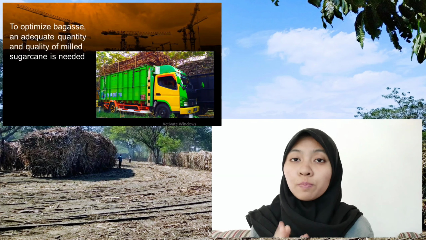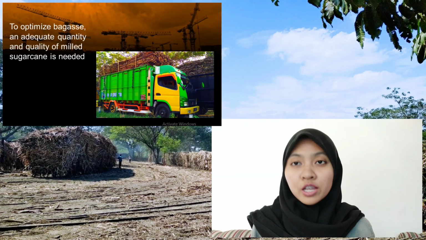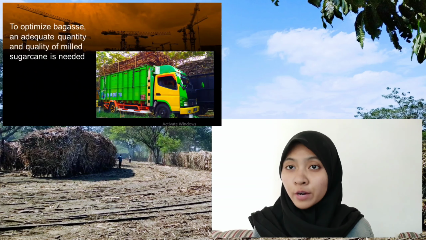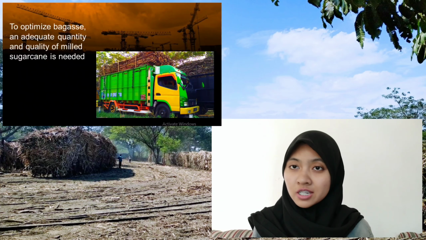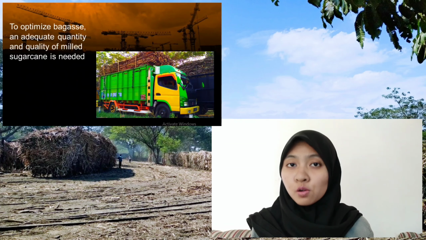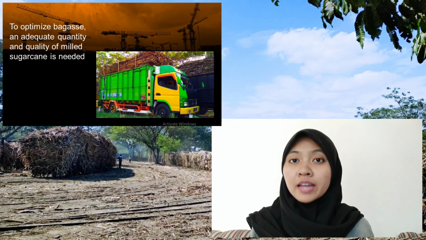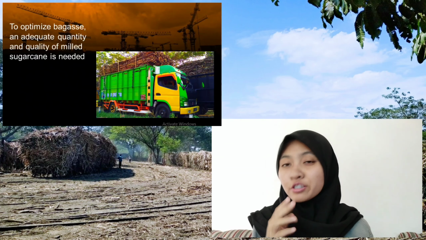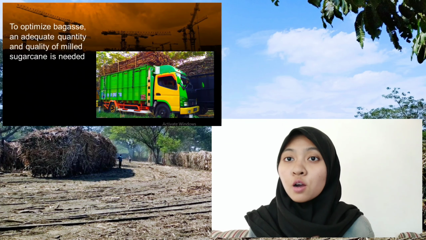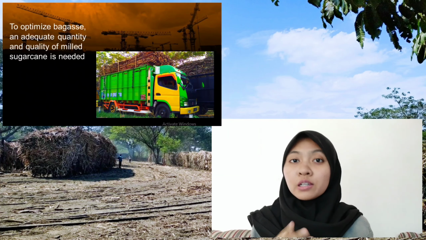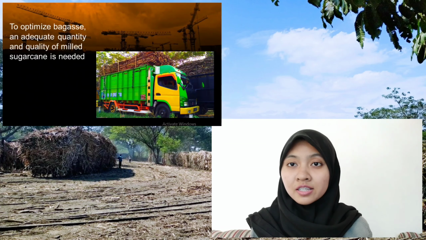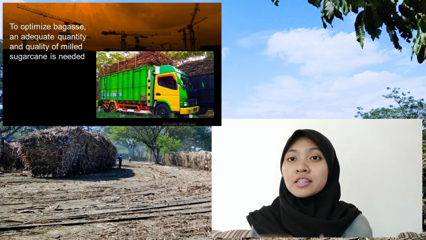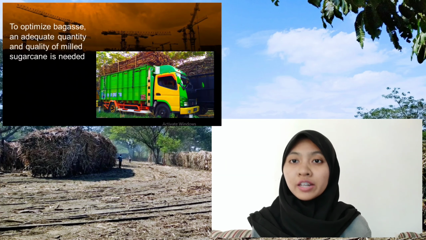Then, to optimize bagasse as boiler fuel, an adequate quantity and quality of milled sugarcane is also needed. The amount of pulp is influenced by the level of coir associated with the variety, because the high and low levels of coir are genetically inherited from the variety.